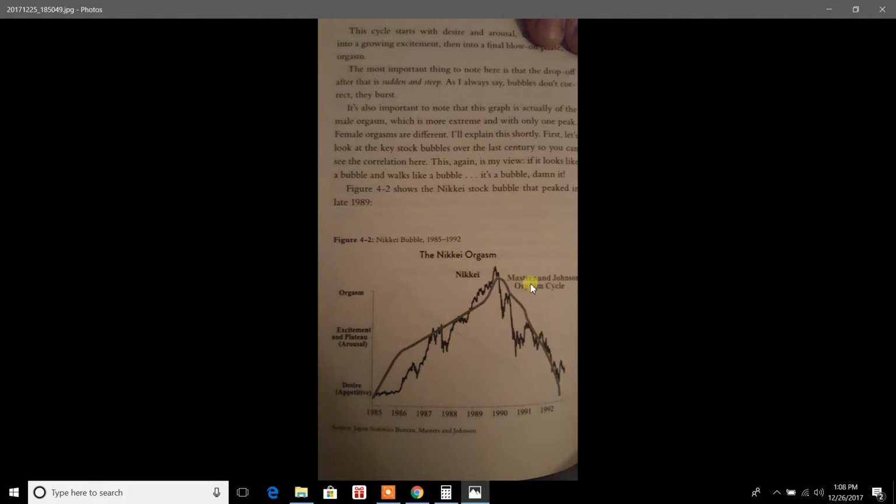And he takes the Masters and Johnson orgasm cycle for a man, and he compares it to the chart of the actual Nikkei index. And you can see they almost are correlating hand in hand. That's coming from Japan Statistics Bureau, Masters and Johnson.